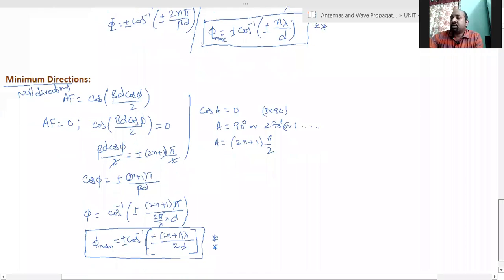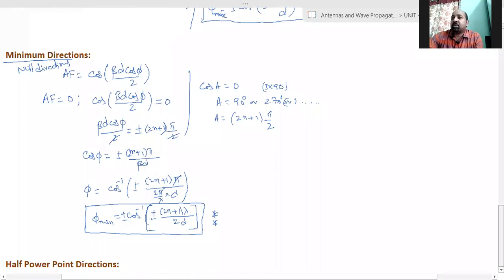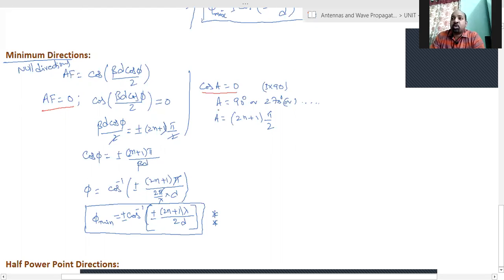In a similar way, minimum direction. How will you determine the minimum direction? You will get the minimum direction when the array factor is 0. Therefore, cos(beta d cos phi by 2) is equal to 0. That means cos A is equal to 0.